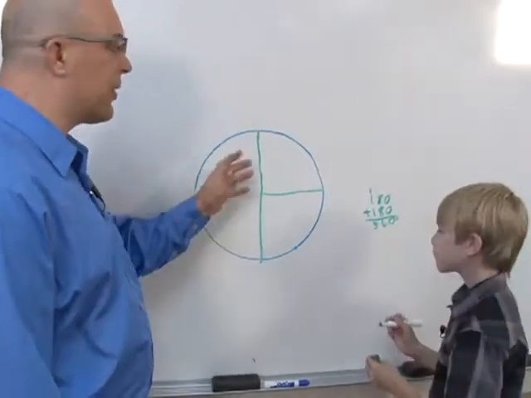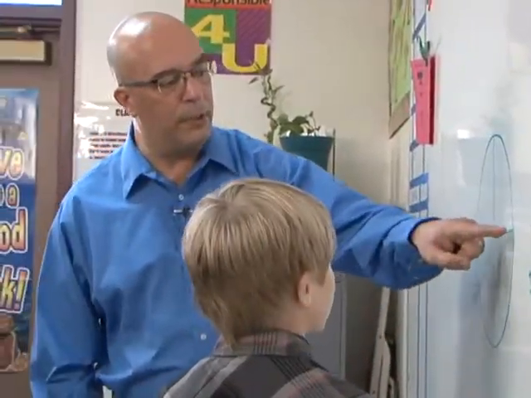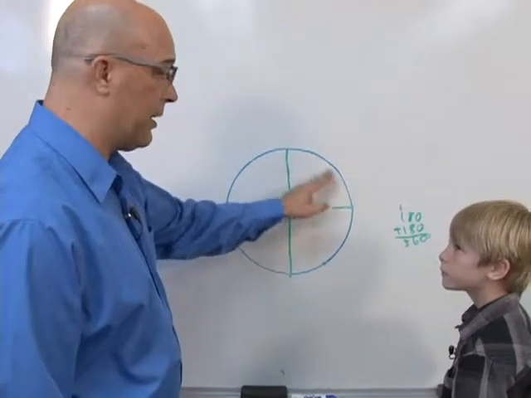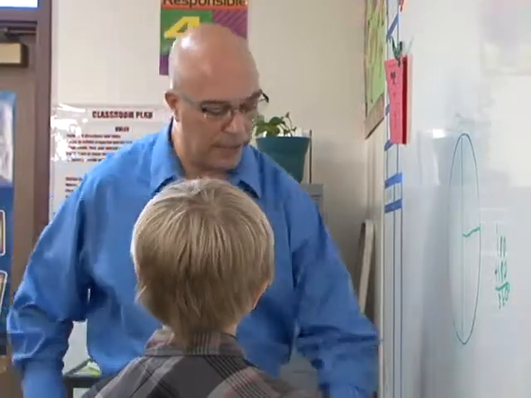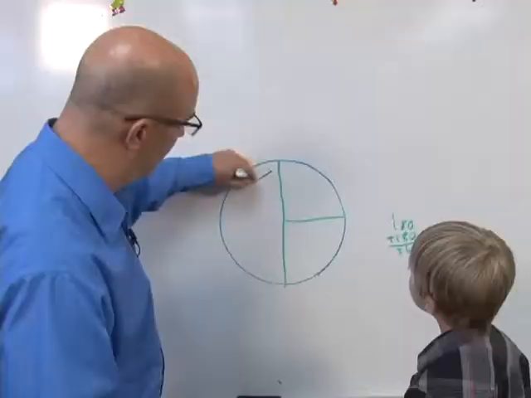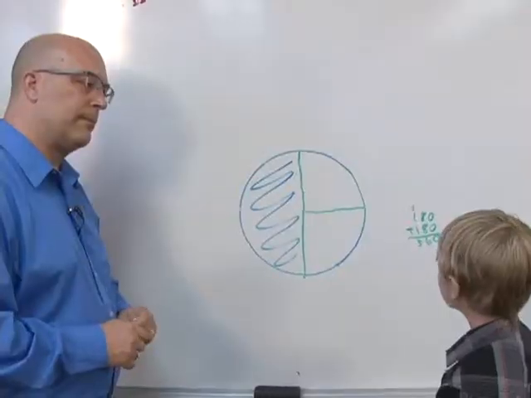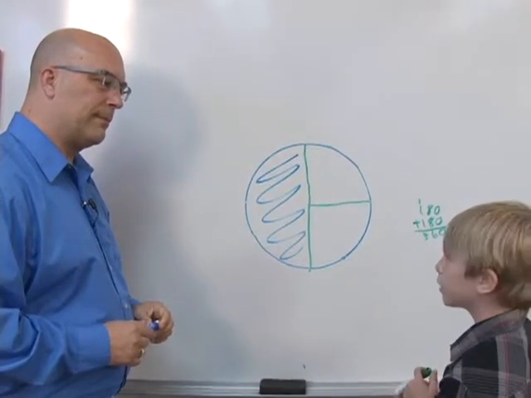All right, so we know that the circle has 360 degrees. If we drew all the way across this way, we know that the top half would be 180 degrees. Now we've got it cut into a couple of different sections. How many degrees are right there? 360.